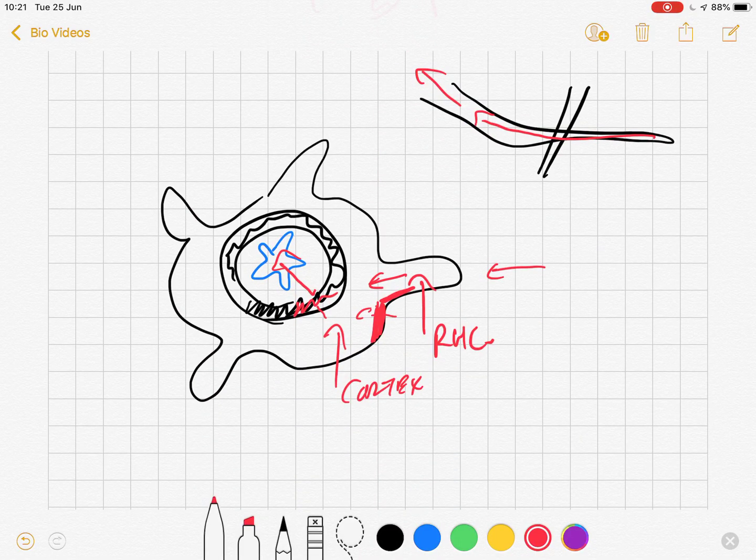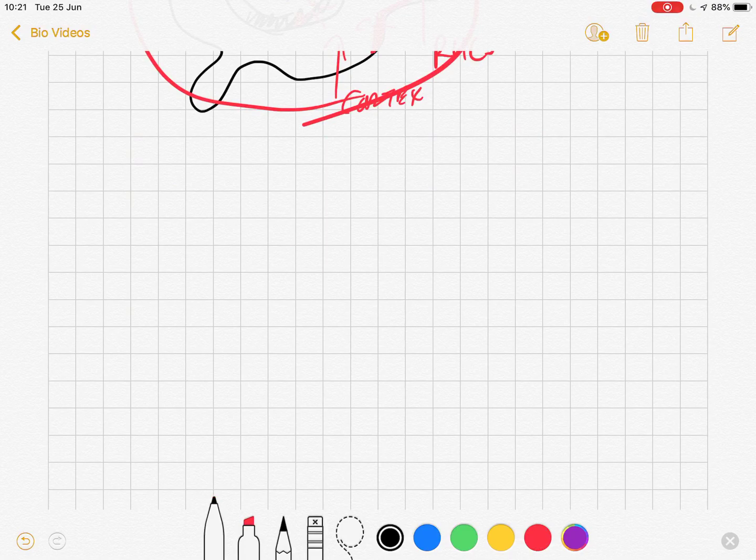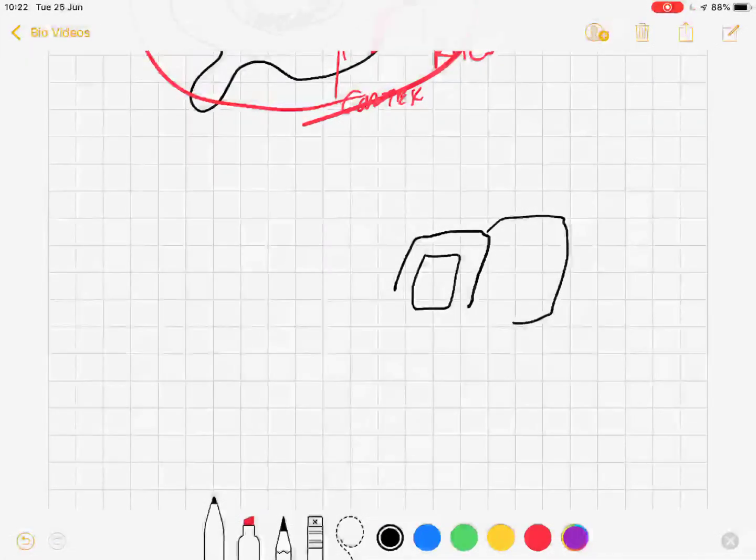So if we just briefly talk about this process here in a bit more depth and how that water is going to enter the root hair cell, the specialization of the root hair cell, we'll talk about that and look at the kind of experimental evidence for this. So what's going on then is, if we drew the cortex cells a bit more depth, what we've got here are cell walls.